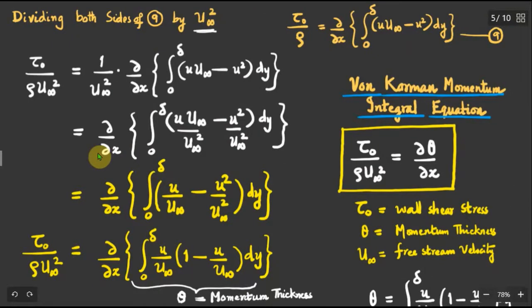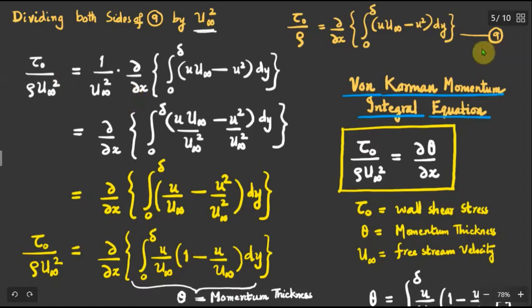And now for simplification, we will divide both sides by u infinity square. U infinity is the free stream velocity. So the left hand side will become tau 0 by rho u infinity square.